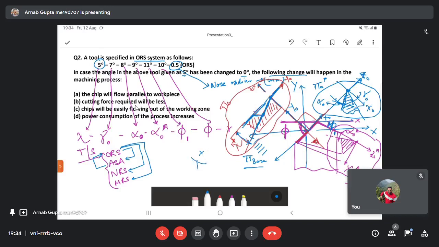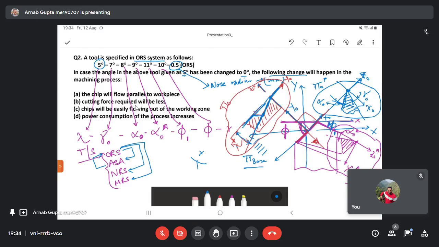Although we define it as an inclination angle, it is also a rake angle, that is defining the rake surface in a given plane, that is the cutting plane. Just as you have a rake angle on the orthogonal plane, these angles which are associated with the rake surface of the tool, we name them as rake angles. On the orthogonal plane, we name it as orthogonal rake angle.